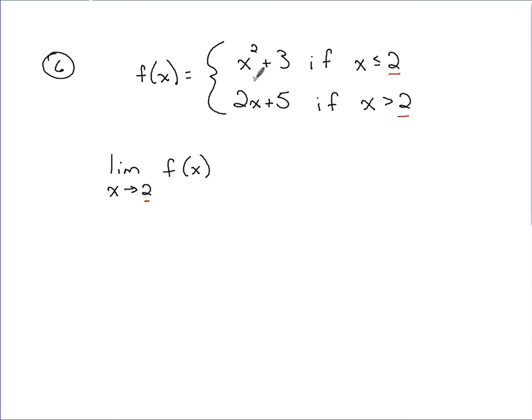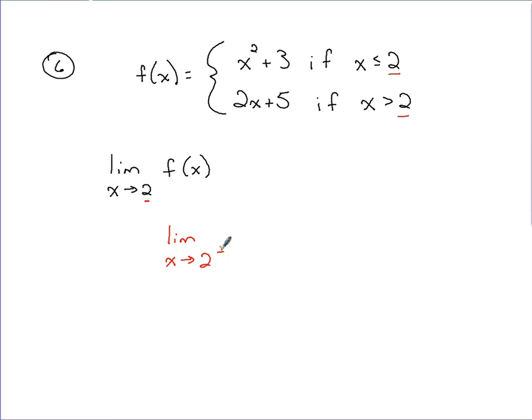So what we do, similar to the last problem, is we branch off. We set up a limit as x approaches 2 from the left side. And we appreciate that needs to be applied to this function somehow. Since I'm dealing with 2 pieces, I need to be specific about which piece I'm applying this to. Well, from the left side, we are talking about x values that are less than 2.